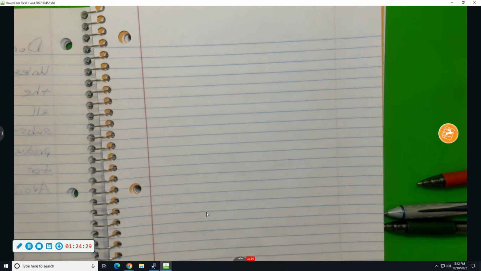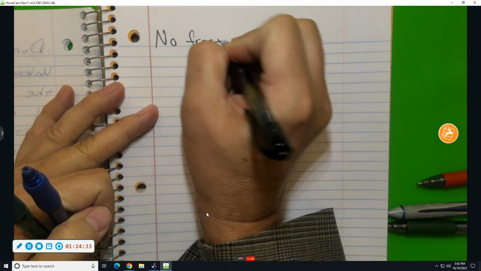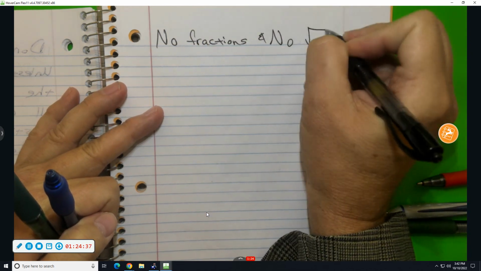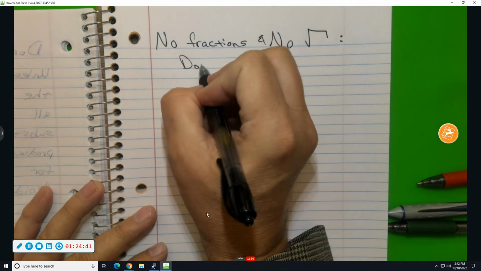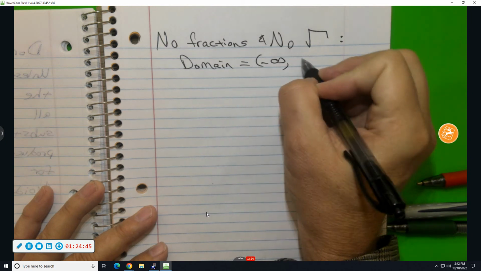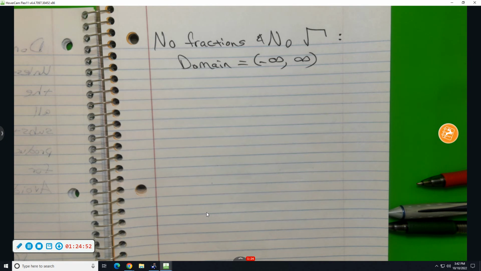If your function has no fractions and no square roots, you assume the domain is all real numbers. And it should be obvious why.